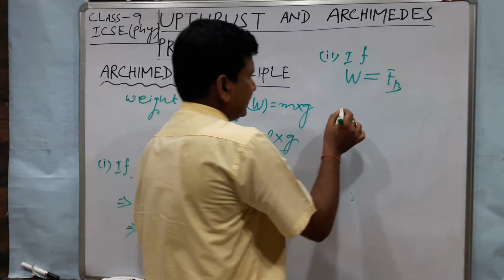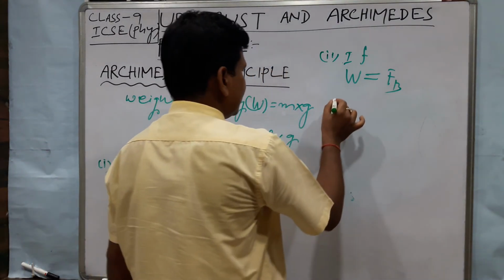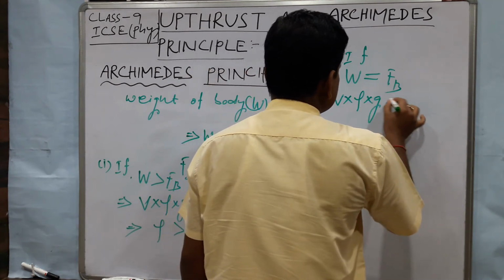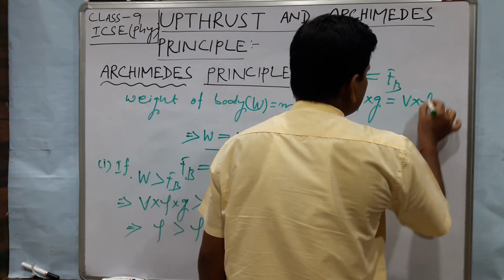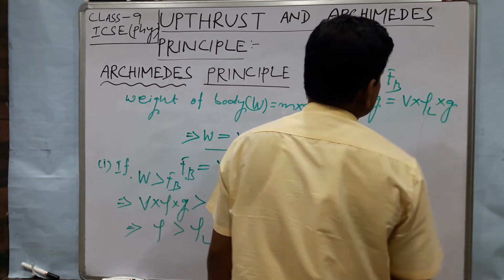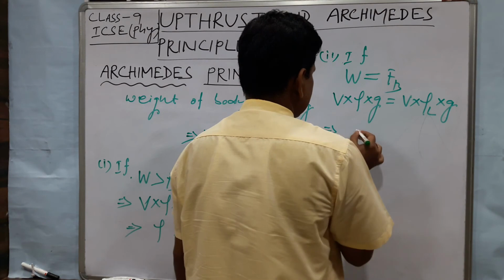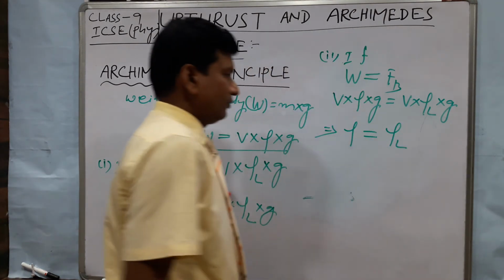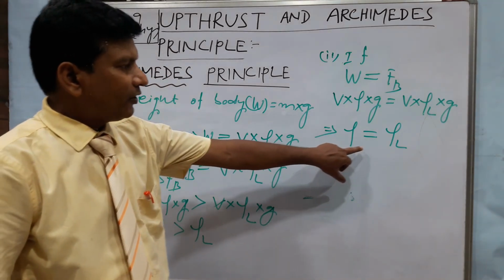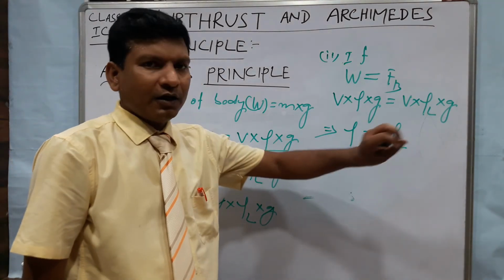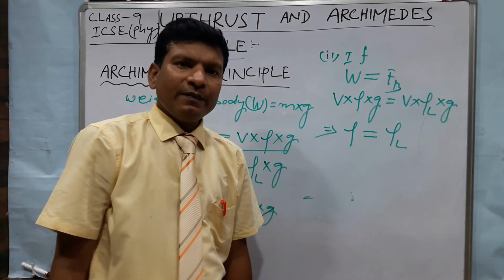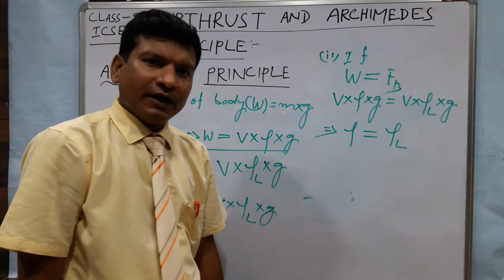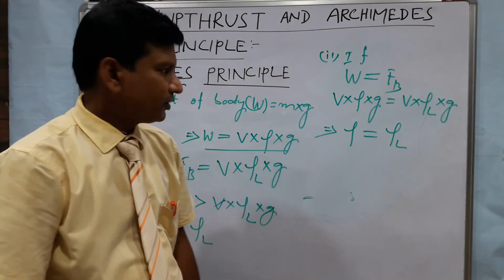So now let's see what is W. We know W is equal to V into rho into g is equal to V into rho L into g. That implies here we get rho is equal to rho L, which shows that the density of the body is equal to the density of the liquid. Means when the density of the body is equal to the density of the liquid, then the body will float.